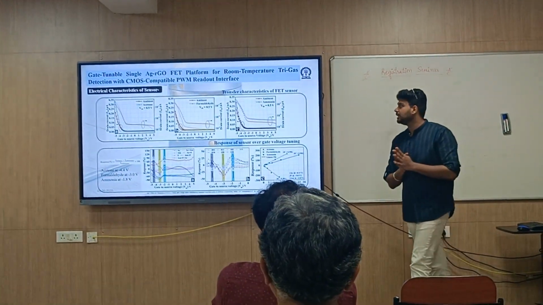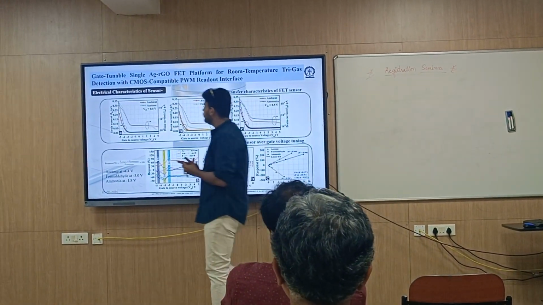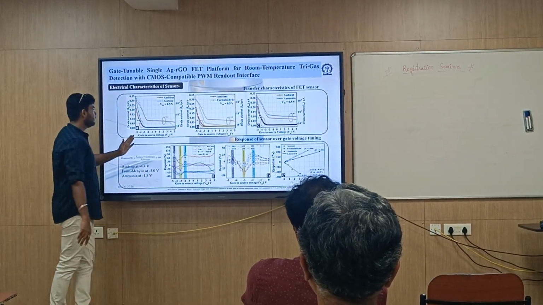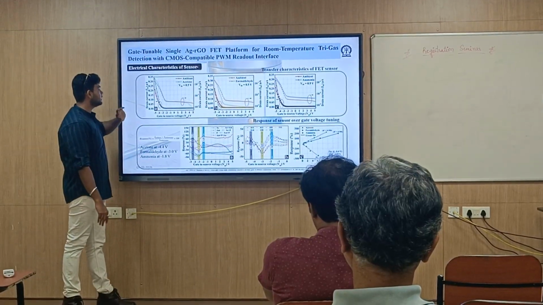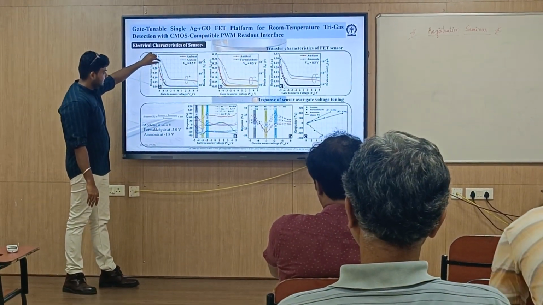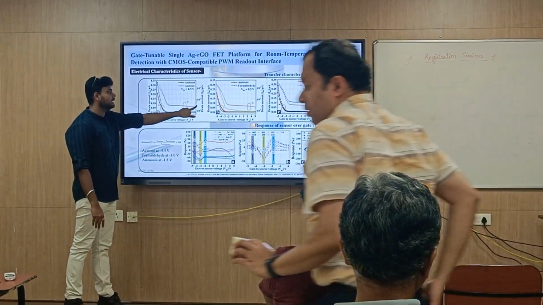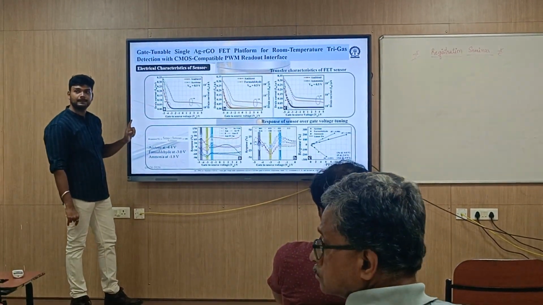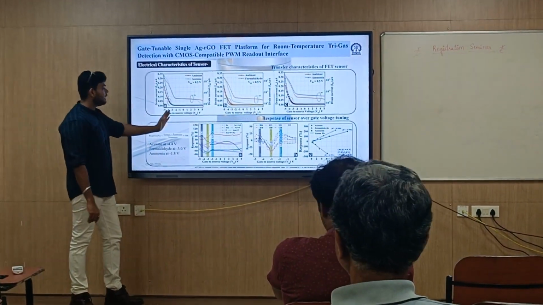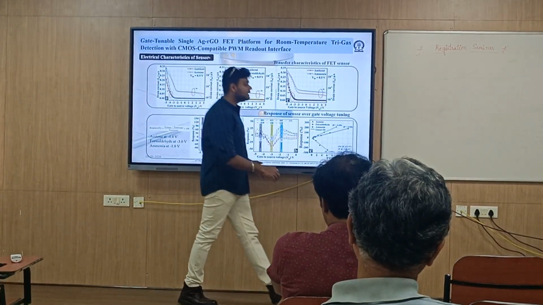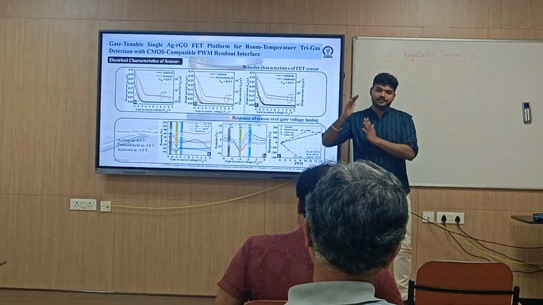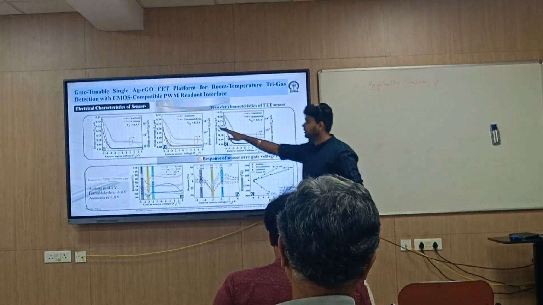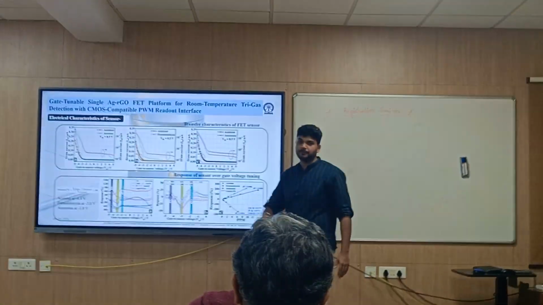So that's the result. I just swept minus 5 to 5 volts and took the transfer characteristic of the field effect transistor. You can see the lighter one is on a logarithmic scale and the darker one on a normal scale. There is not much change in the current, same for acetone, formaldehyde, and ammonia.